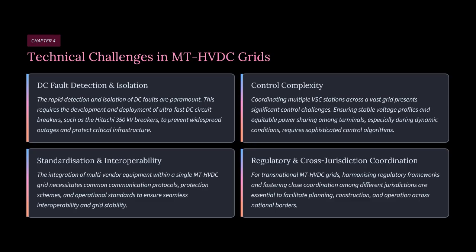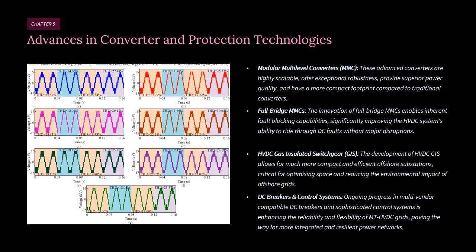Advances in converter and protection technologies. We can see the different types of converters and their waveforms on the left side of the presentation, with the voltage regulation and time constants of different converters. Modular multilevel converters, MMC: these advanced converters are highly scalable, robust, and provide superior power control. The full bridge converter is significant in HVDC systems where DC faults occur without major disturbances.